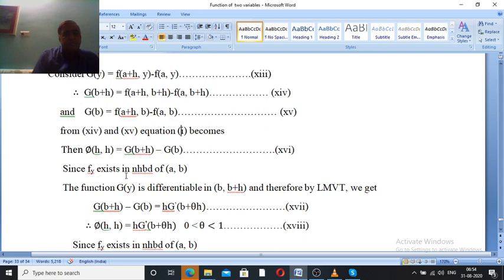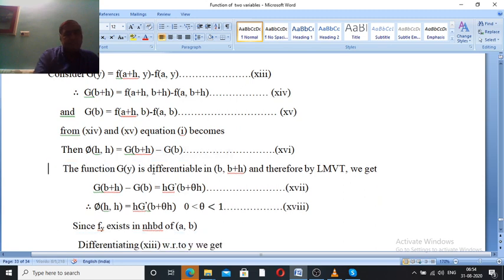Since fy exists in a neighborhood of (a, b), the function g is differentiable in the open interval b to b plus h, and therefore by Lagrange's mean value theorem, we get g of b plus h minus g of b is equal to h g dash of b plus theta h.